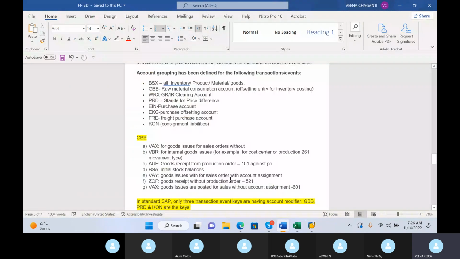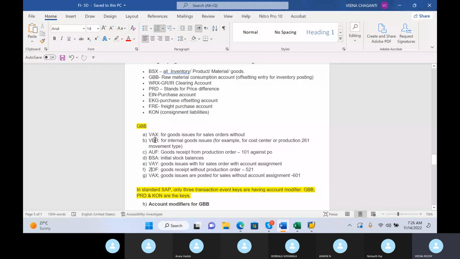Some of the transaction keys I have given are VAX and VBR. VAX means goods issue for sales order. We are issuing the goods from our organization, from production or warehouse, to the sales organization. This is also one movement type, so for that we have to give this VAX transaction key. Okay. VBR, AUF goods receipt from production, RBS initial stock balances.